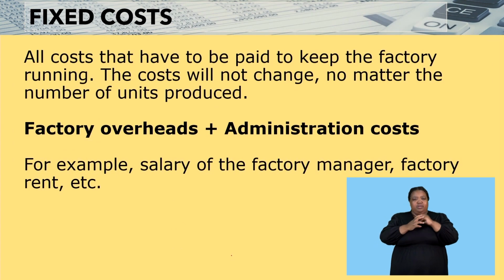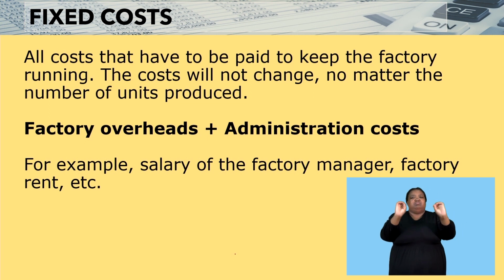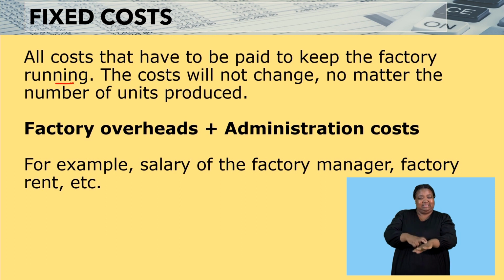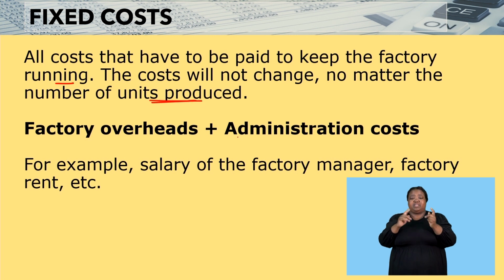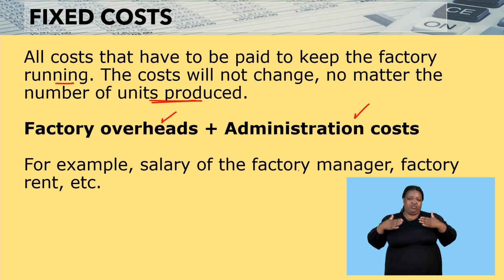I'm going to move on now to what are known as fixed costs. These are all costs that have to be paid to keep the factory running. The cost will not change no matter the number of units that are being produced. We call those fixed costs. And to get your fixed cost, we'll say factory overhead cost plus administration cost.